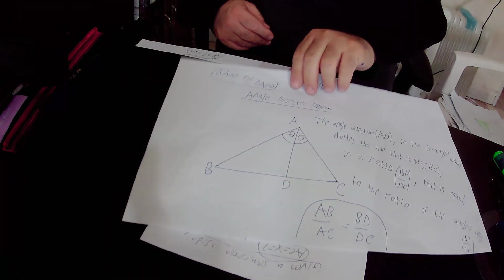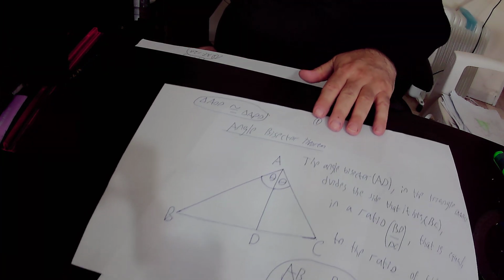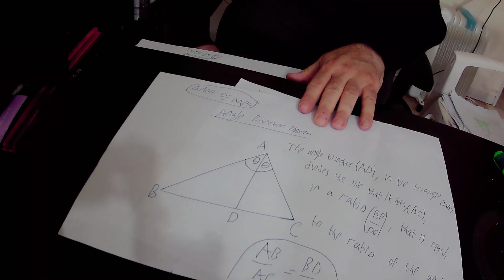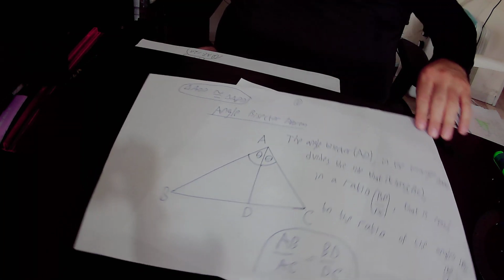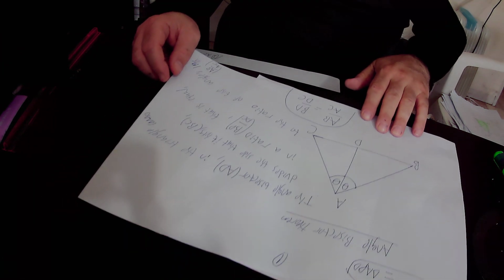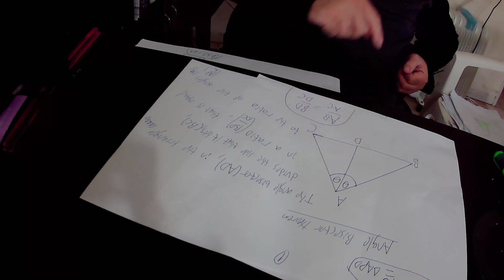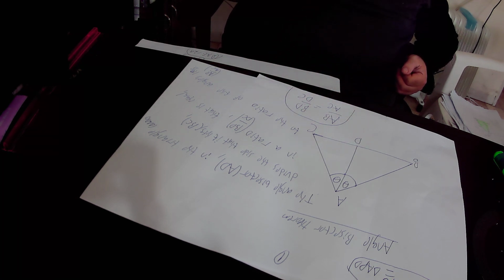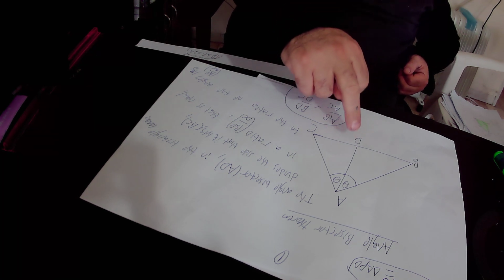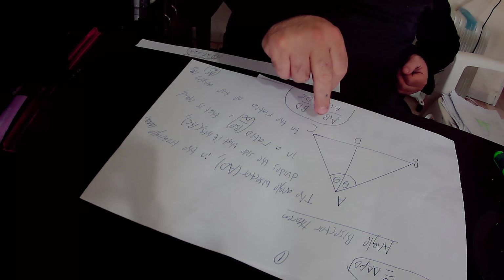So, what is the angle bisector theorem? The angle bisector theorem states that AD is the angle bisector because it divides angle BAC into two halves.